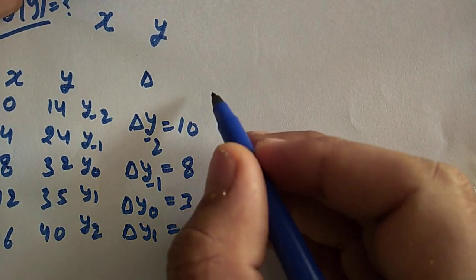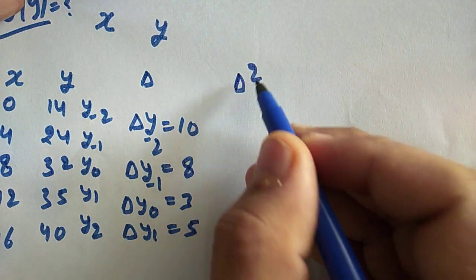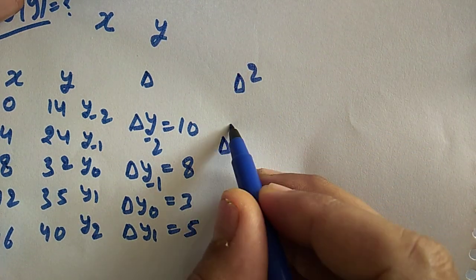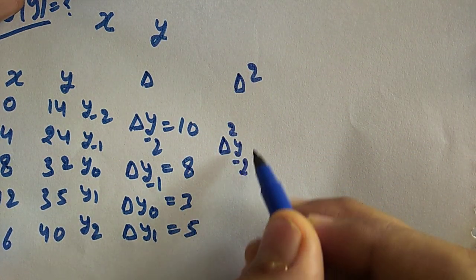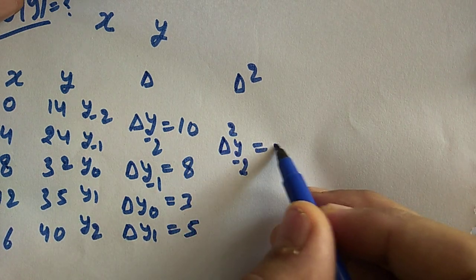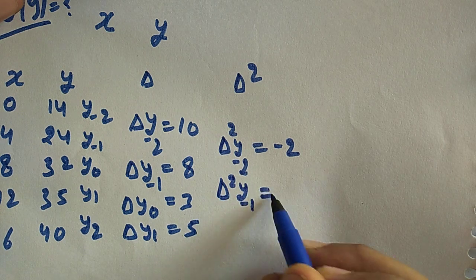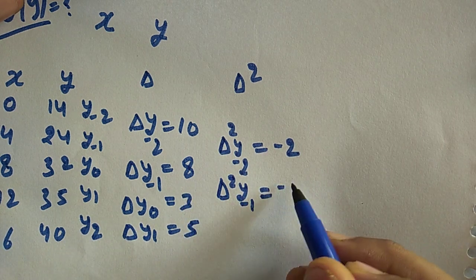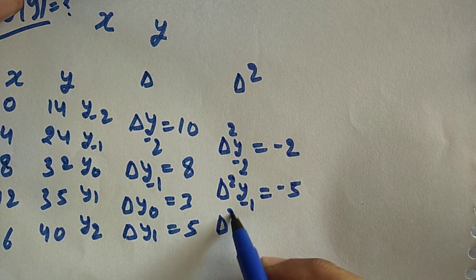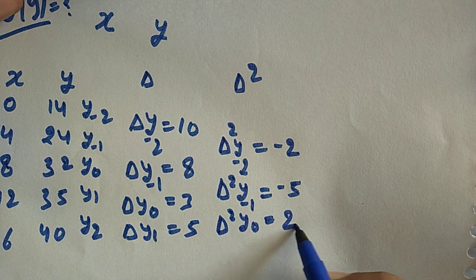So first column, then second column delta square. So delta square y minus 2 equal to 8 minus 10, minus 2, and delta square y minus 1 equal to 3 minus 8, minus 5, and delta square y0 equal to 2.